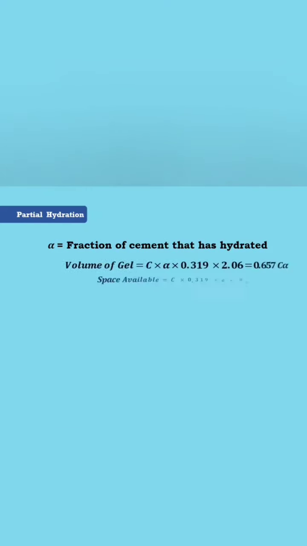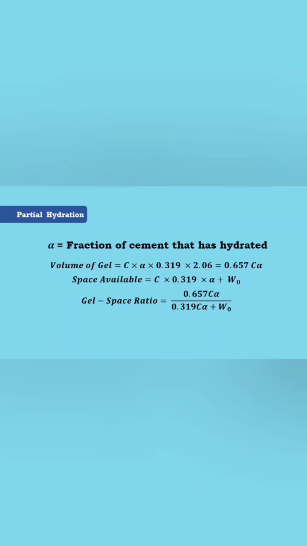For partial hydration, let alpha be the fraction of cement that has hydrated. Then the volume of gel and space available is expressed as follows. Finally, the gel space ratio equation becomes this.